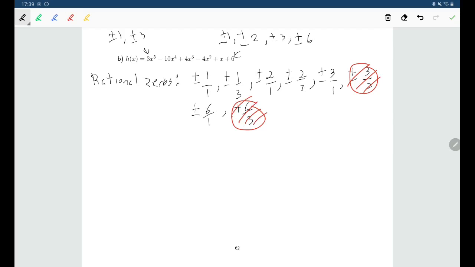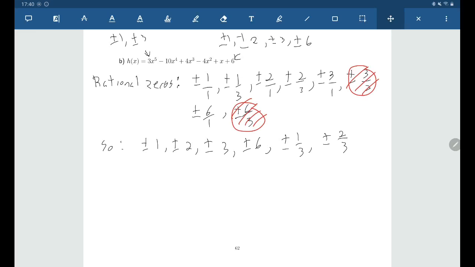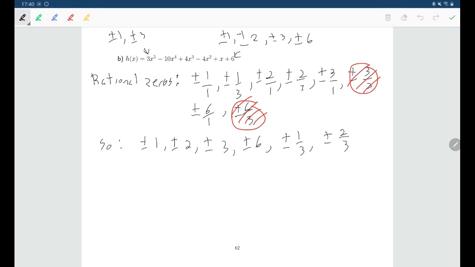So we have then that the only unique possible rational zeros, we've got positive and negative 1, positive and negative 2, positive and negative 3, positive and negative 6, and then there would also be 1/3 and 2/3 positive and negative for possible rational zeros. Okay, so now I guess let's start checking.